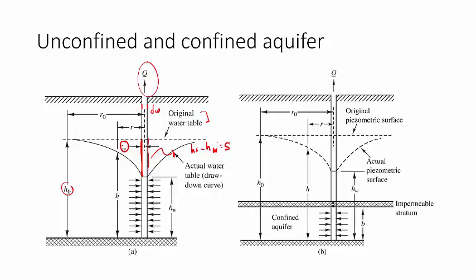You can find the drawdown at any distance from the well, right? So if I look at any distance X, I can find the drawdown, which would always be the H0 minus the H. Okay? This here is R0, so this is the distance of the cone of depression.